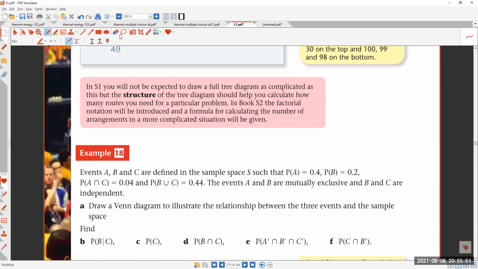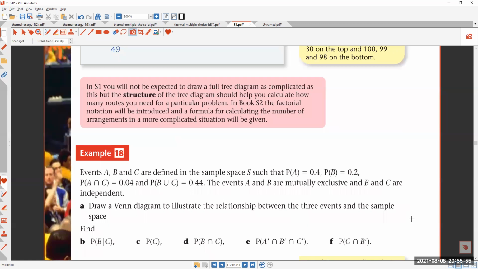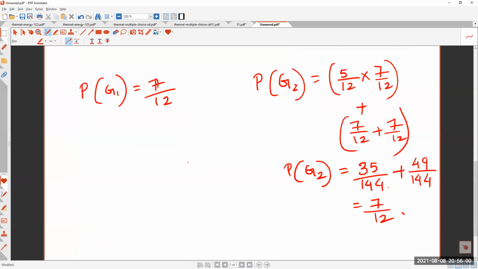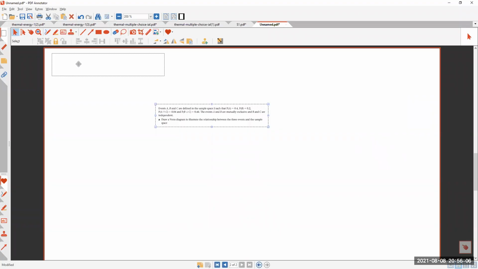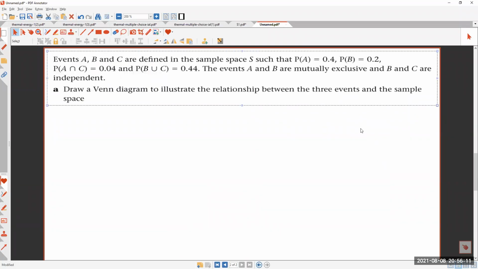First let me do this, then. So now PA is equal to 0.4, PB is equal to 0.2.